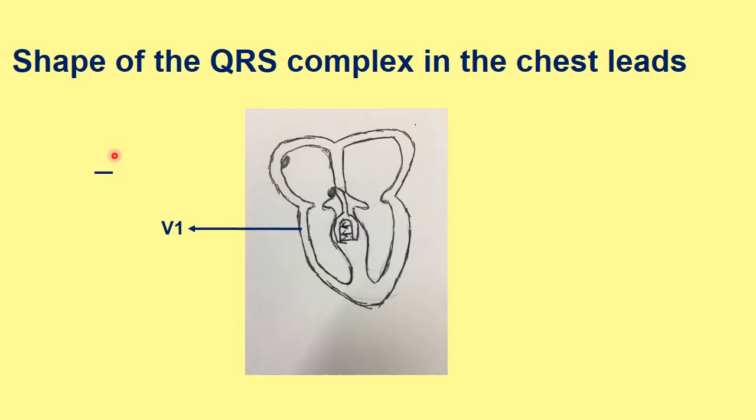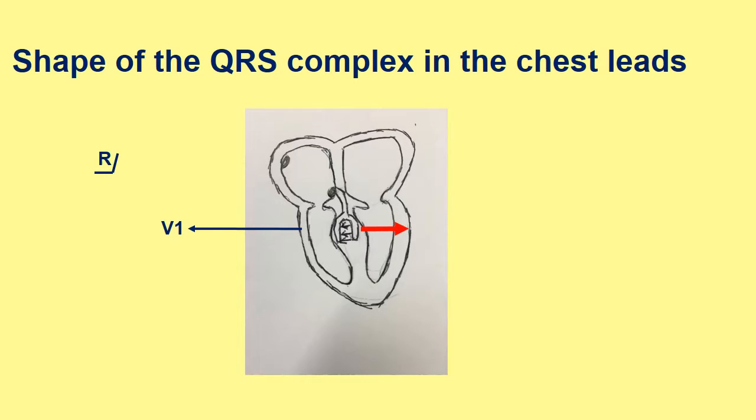If the wave of depolarization is moving away from an electrode, there will be a negative deflection. So the first wave V1 picks up is the septal wave of depolarization, so there will be a small positive deflection. And remember, if you watch my first video, the first positive deflection is known as the R wave. So you have a small R wave in V1.